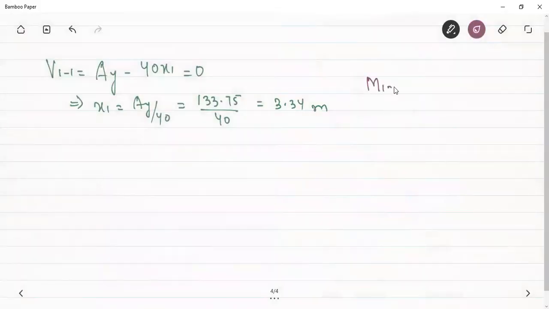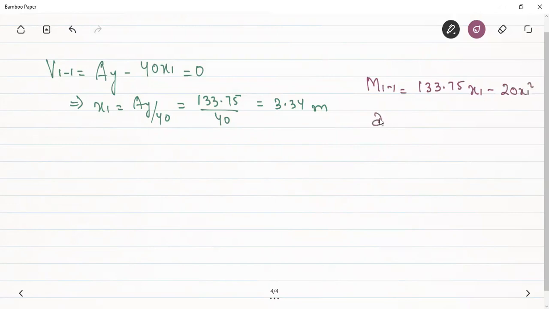The bending moment at section 1 is equal to 133.75 x1 minus 20 x1 square.